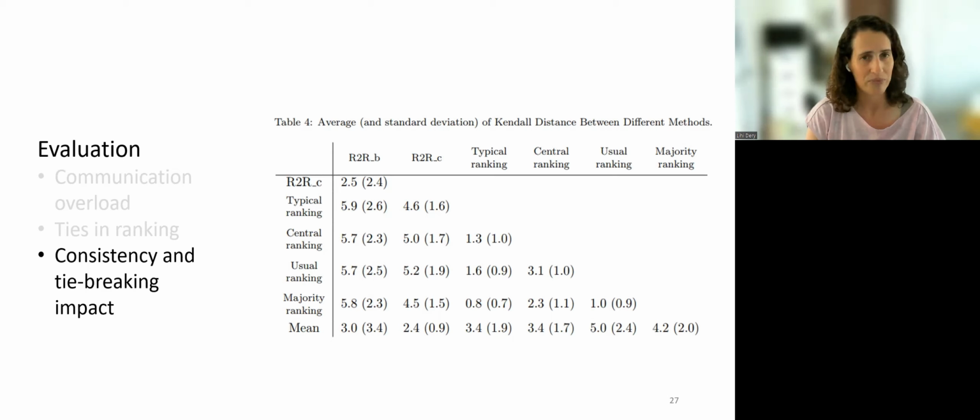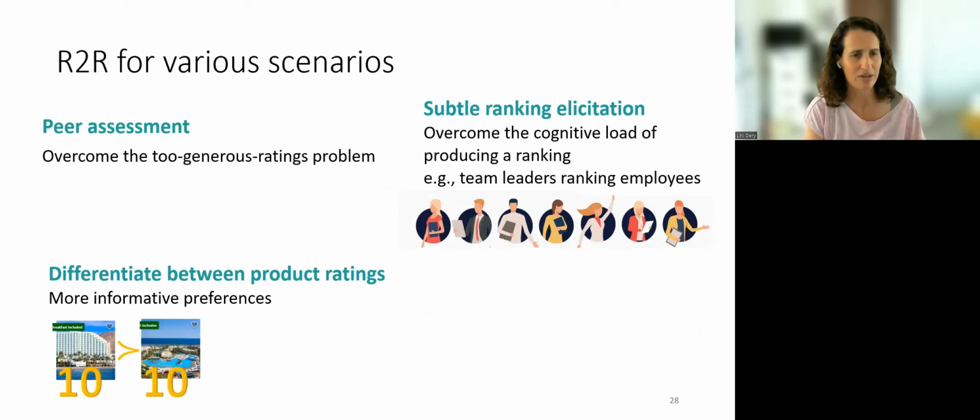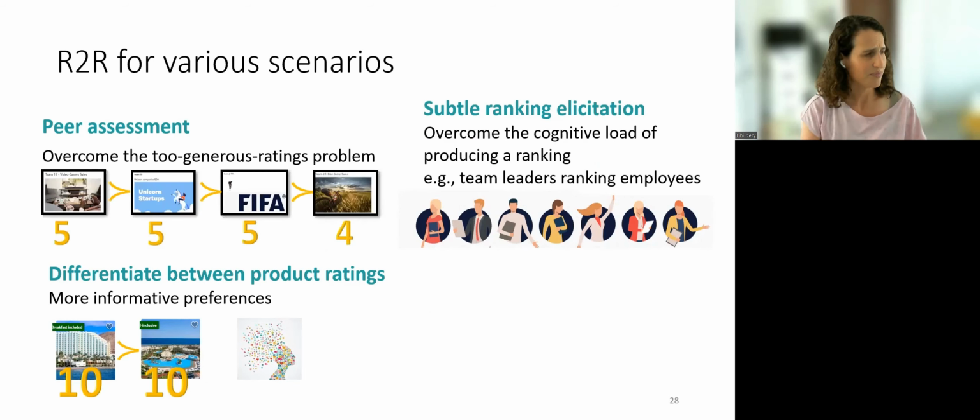Okay, so this is the evaluation. And what I also want to mention before we wrap up is that R2R can be used for various scenarios. So of course, we talked about peer assessment, and we talked about how it can overcome the overly generous rating problem, but it can also differentiate between project ratings and give us more informative preferences.